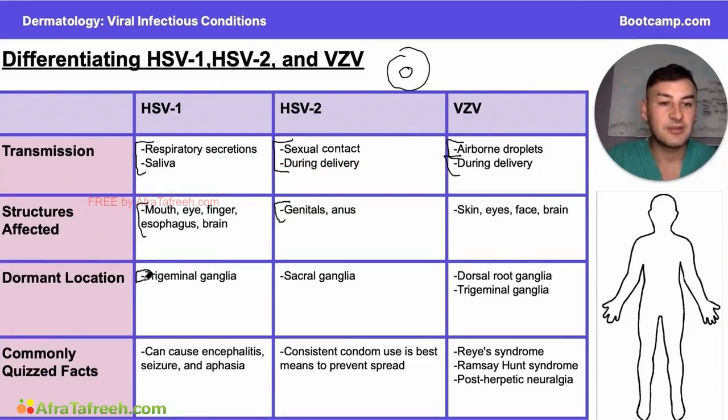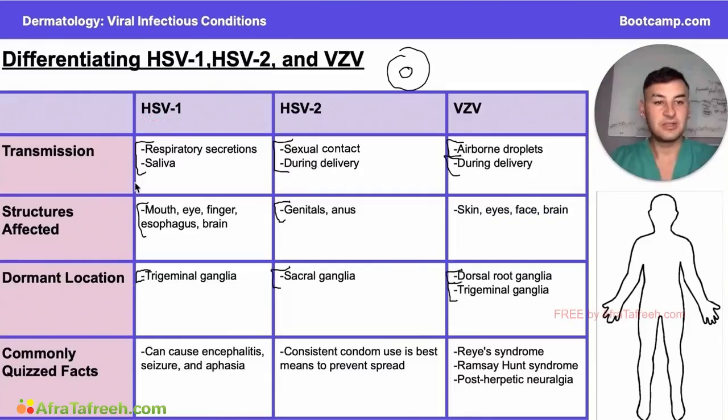It's going to be those nerves of the face that are going to really be the classic place for HSV1 to go dormant. HSV2, we talked about the urinary symptoms, the genital lesions. That's going to be sacral ganglia. VZV classically is dorsal root ganglia if we're going to get body dermatomal rash, or trigeminal ganglia if we're talking about rash on the face.